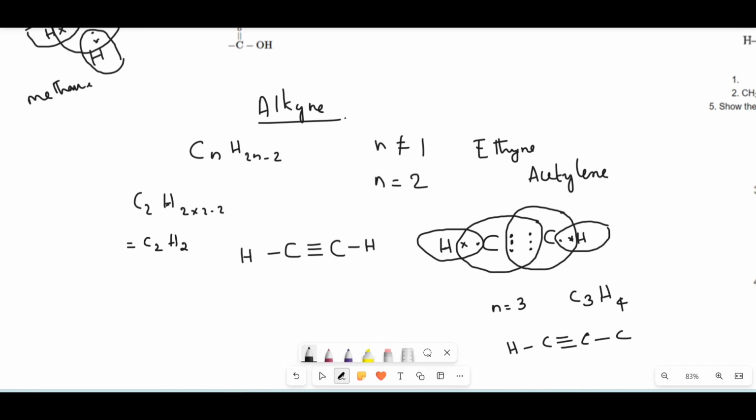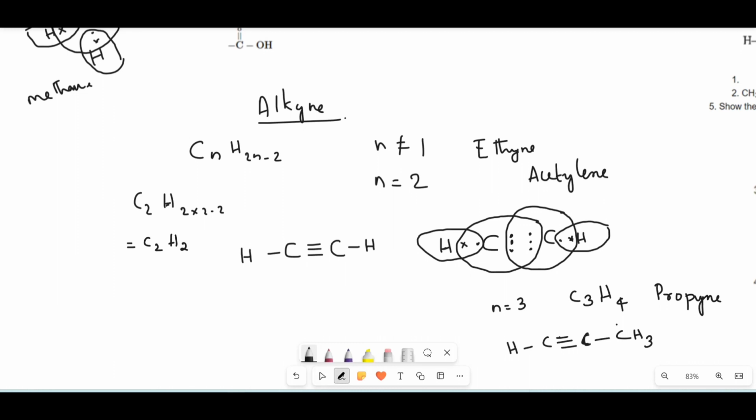So in this middle carbon, you don't want to draw any hydrogen because the 4 valencies are already satisfied. And the last carbon, I mean the third carbon, you need to draw 3 hydrogen. Okay, and this member is propyne because it will contain 3 carbon atoms. So 3 carbon skeleton we say prop. That is a parent name. So prop plus YNE, so it's called propyne.